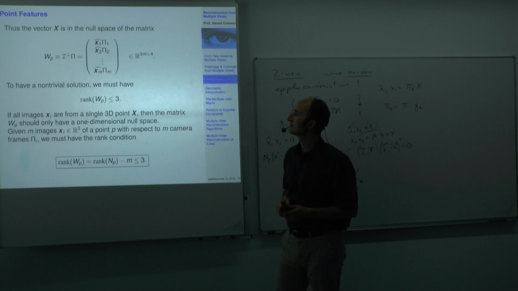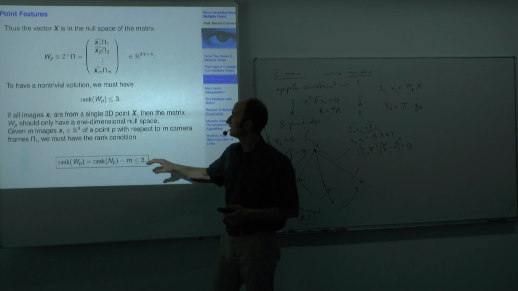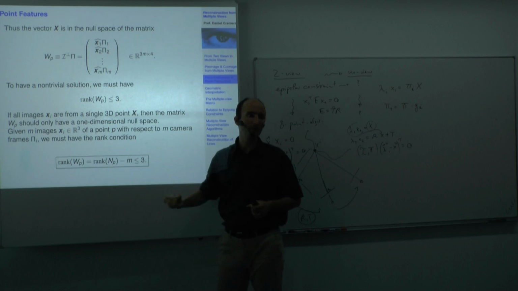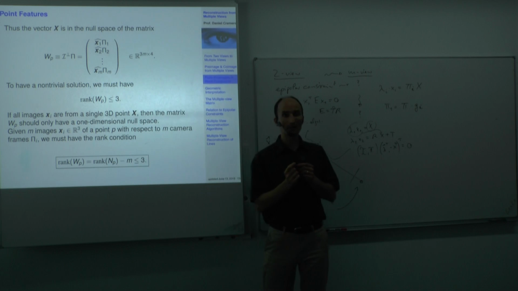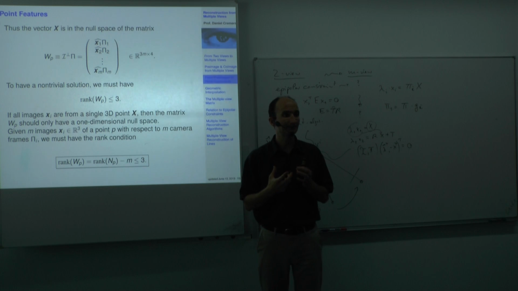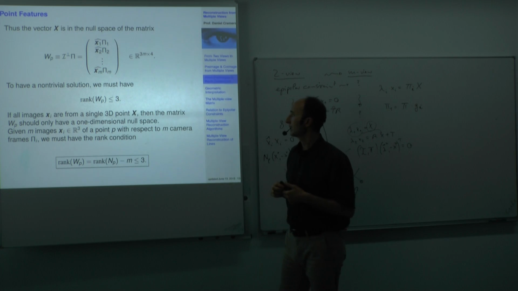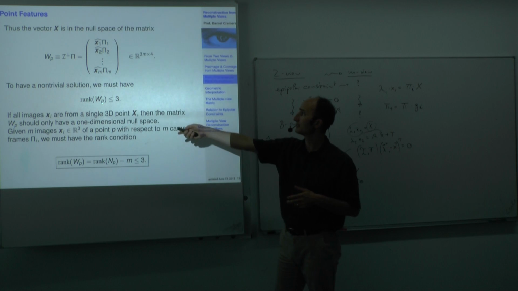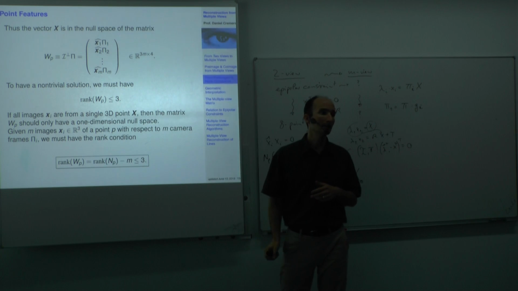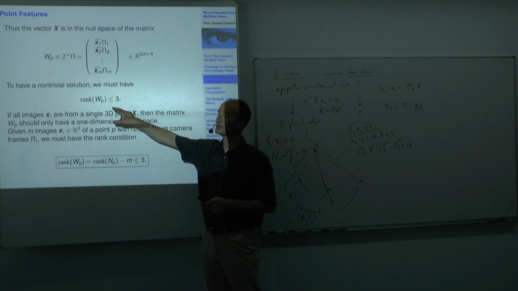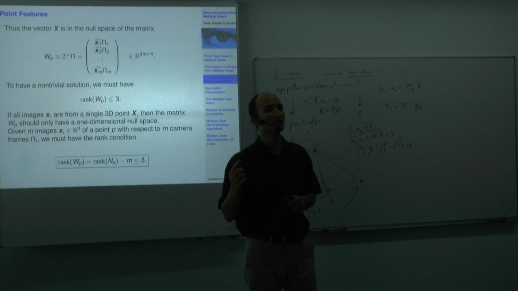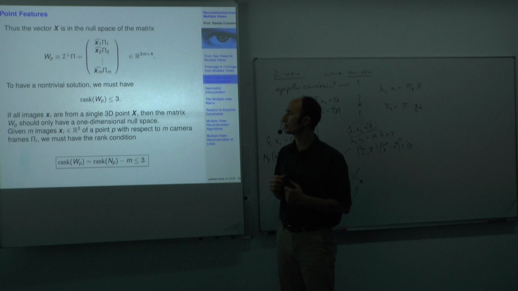And the idea is then again, you want this null space to be unique. You want a one-dimensional null space, which means a reconstruction that is unique up to scaling. And we have that if the rank is exactly 3. If it's exactly 3, it means the null space is one-dimensional. It means we have a unique reconstruction.